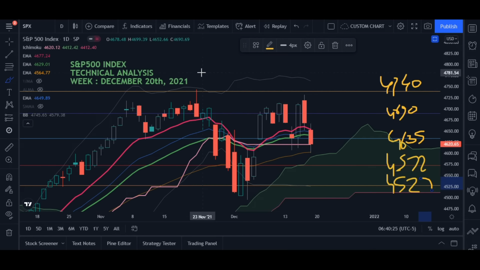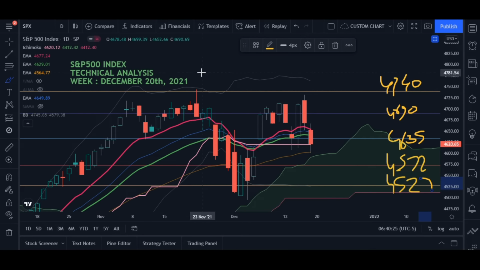So these are the support and resistances, and if you look in here, then we have around 4455, sorry, just give me 1 second. It is around 4460. Yes, I guess 4460.